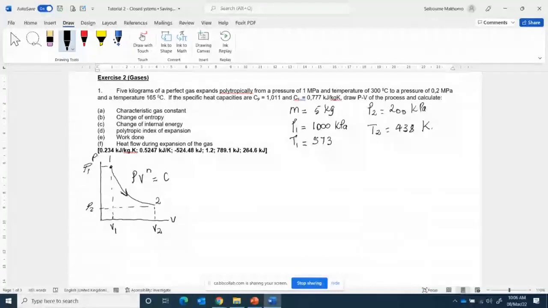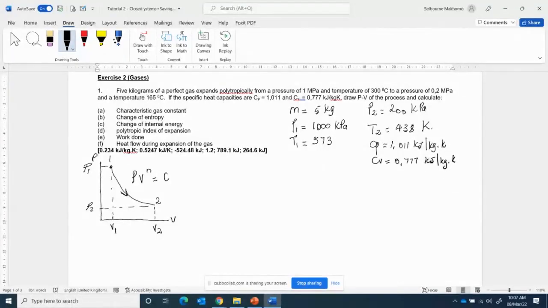And then we are told that the specific heat capacity Cp is equal to 1.011 kilojoules per kilogram Kelvin, and Cv is 0.77 kilojoules per kilogram Kelvin.